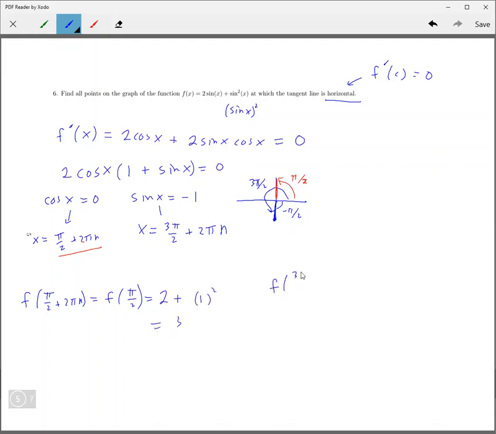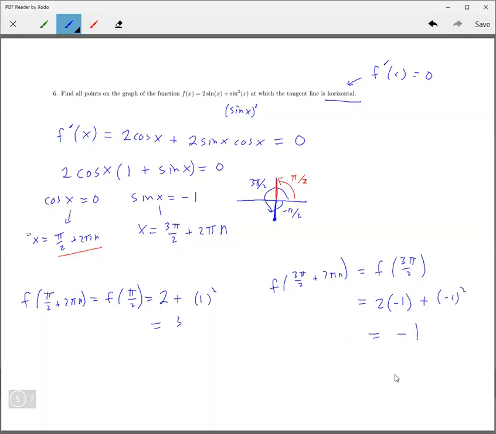Okay, f of 3 pi over 2 plus 2 pi n. That's just going to be f of 3 pi over 2. Actually, I should write it this way. Sine is -1, so that's -1. And then here is -1 squared.